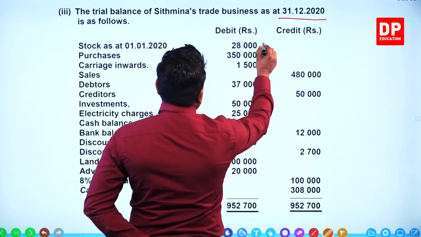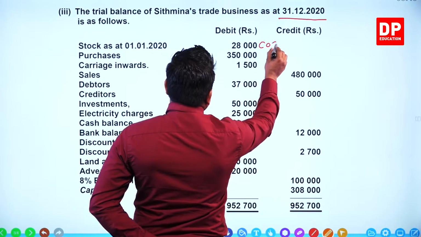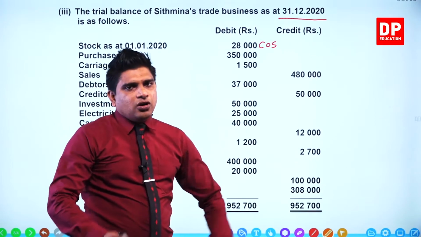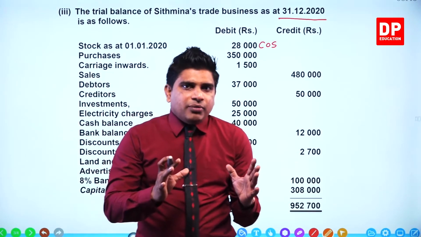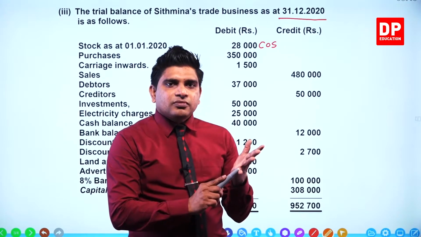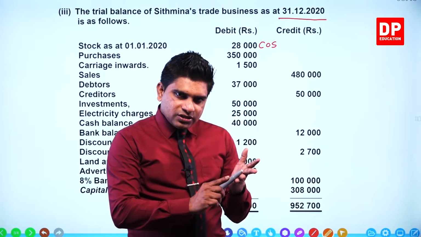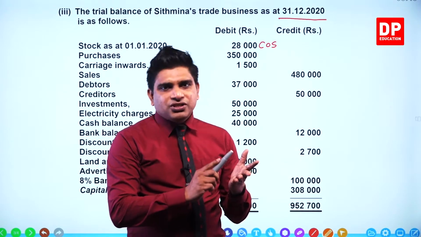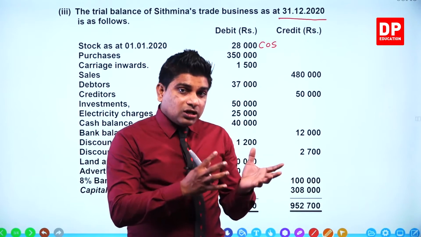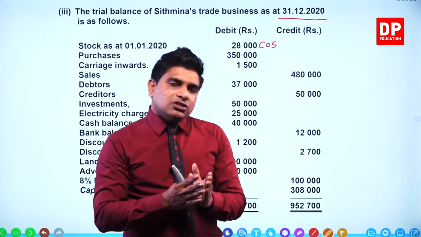We write cost of sales, right? To find cost of sales we use COS. Purchases, do you remember? Try to remember. Opening stock, purchase, you add these two, and purchase related expenses. From this total, you subtract closing stock.